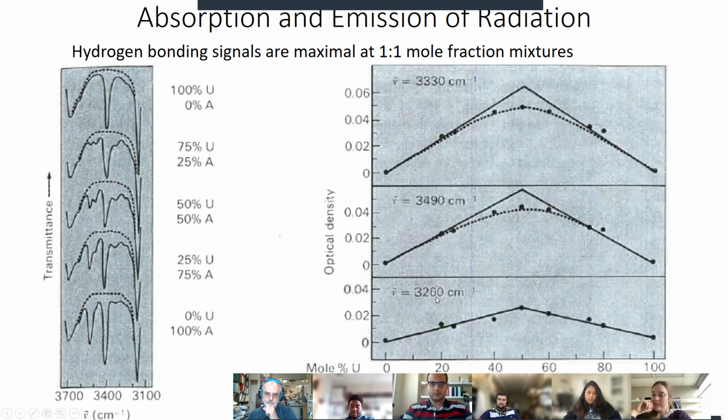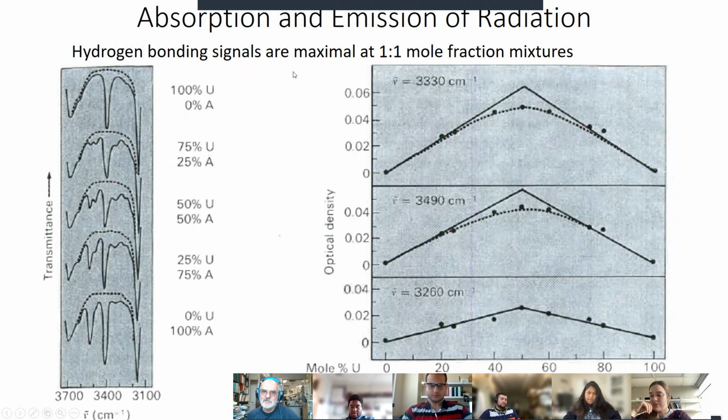Okay, and so this suggested that there was a 1-to-1 mole fraction mixture, that there was a bonding occurring in a 1-to-1 ratio corresponding to these different wavelengths, which give you information potentially about the groups that are involved in the hydrogen bonding. Okay, and so this was basically a really early study.